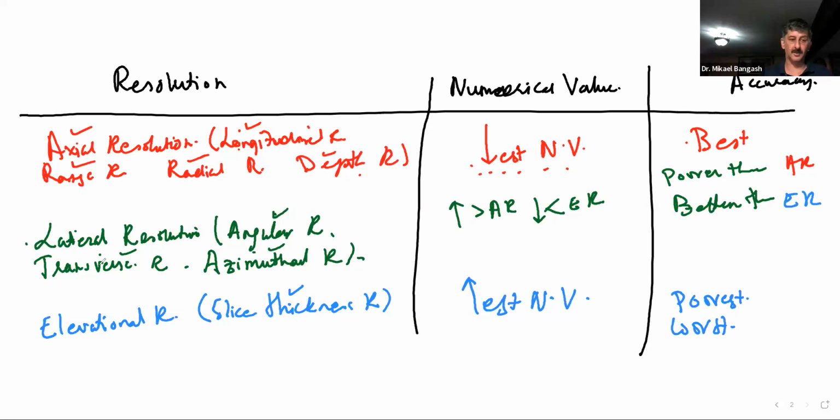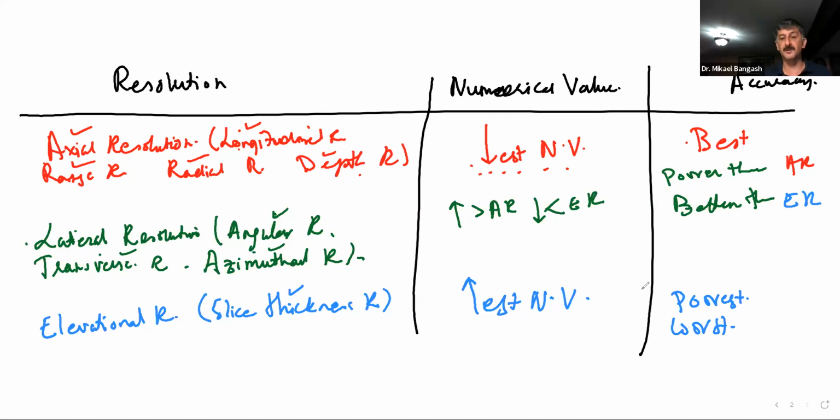On the other hand, elevation resolution for 99% of your transducers has the highest numerical value. And that mainly causes the elevational resolution to be the poorest of these three.